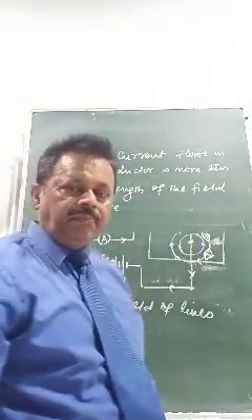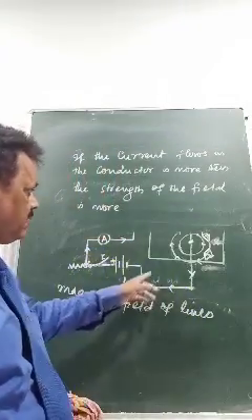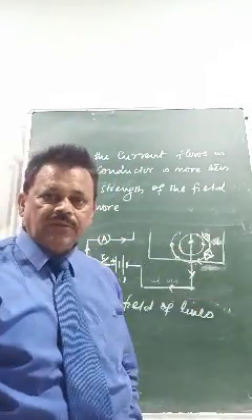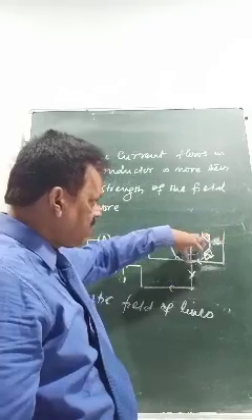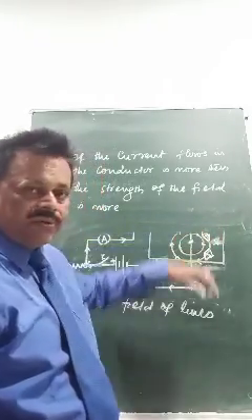Means if you pass 4 to 5 amperes of current, then the strength around this will be more. Means any object you bring nearby this will be attracted more and more.